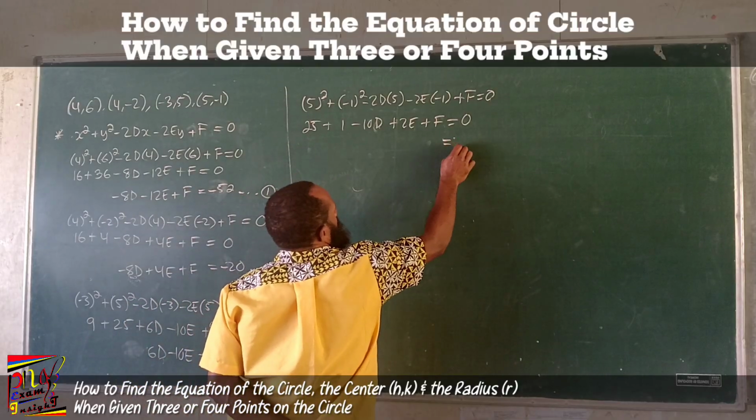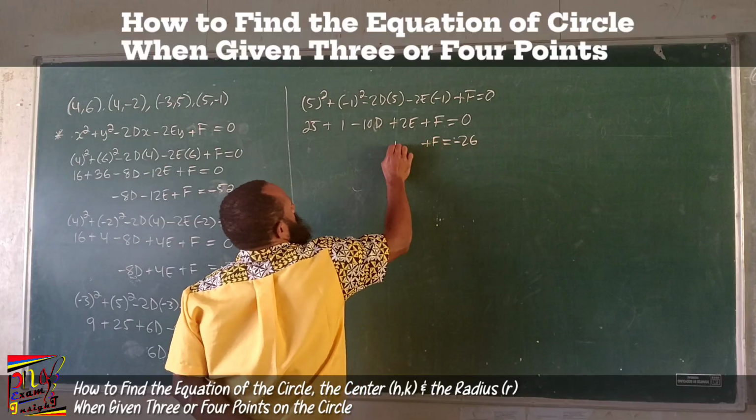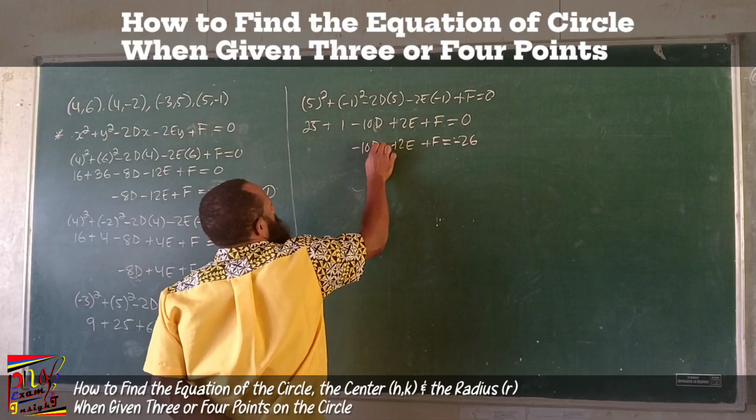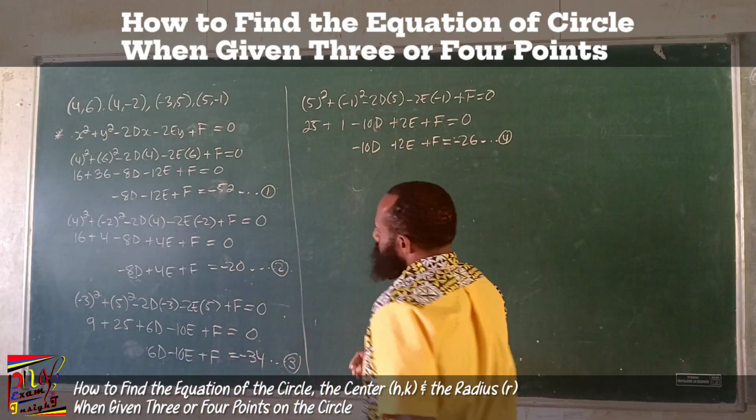When you bring it over, minus 26. So we'll have 2E and minus 10D. That is our equation 4.